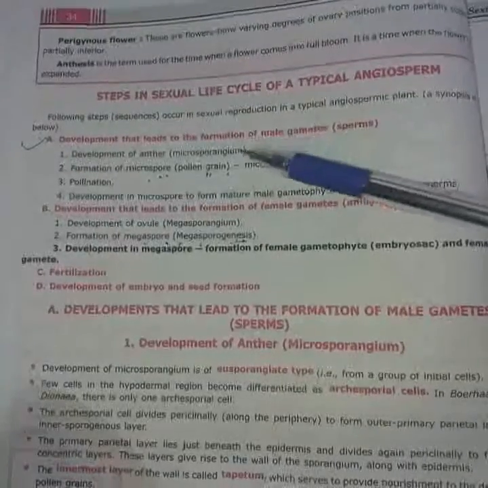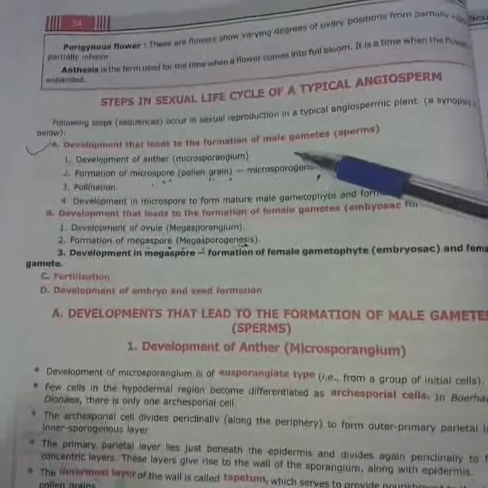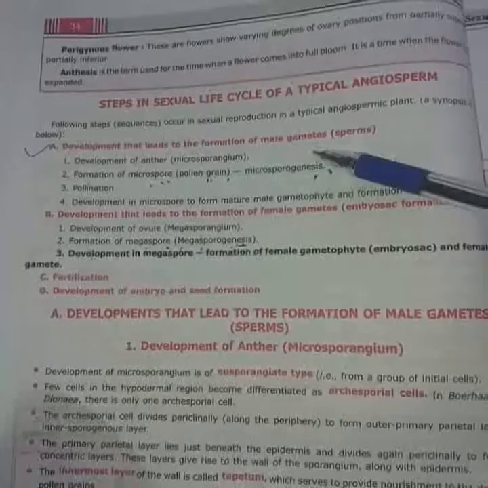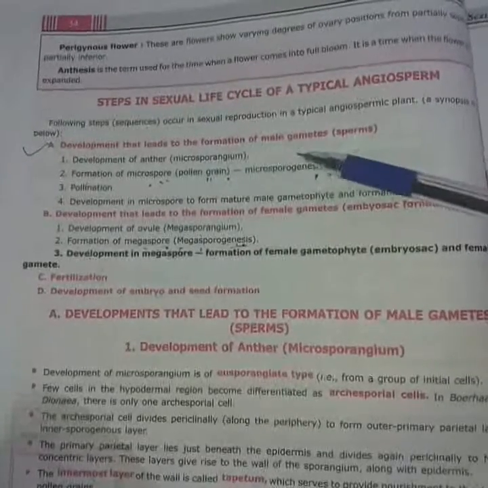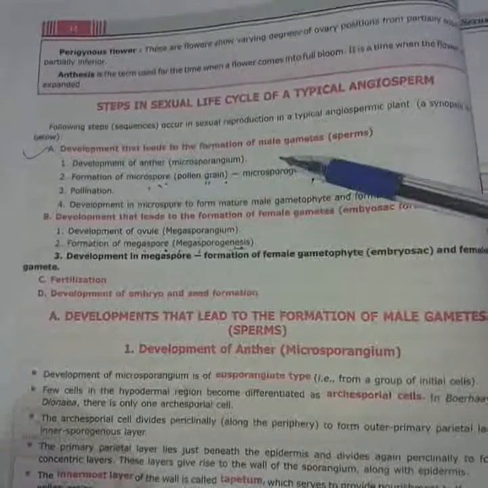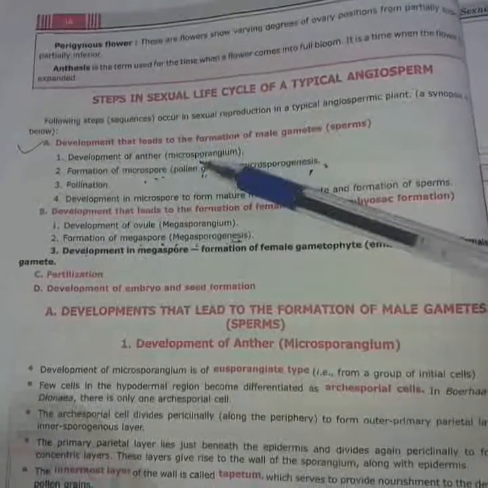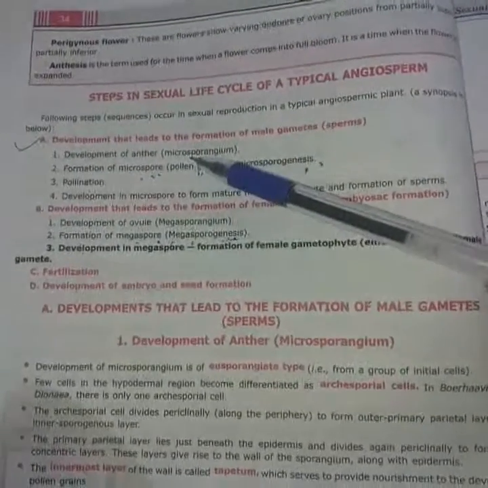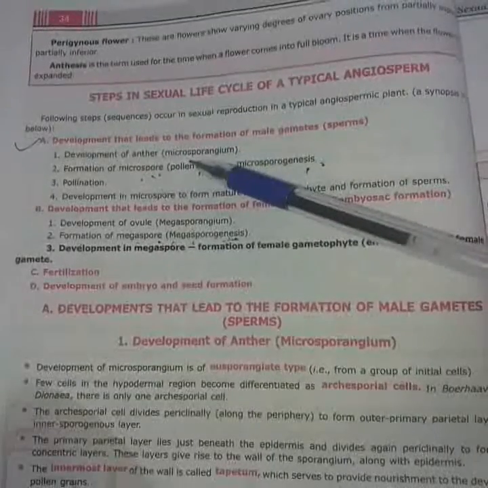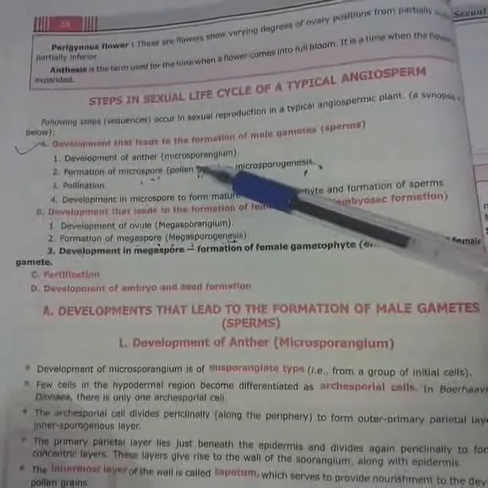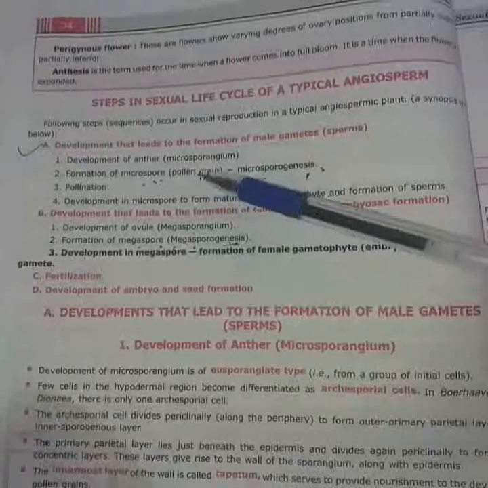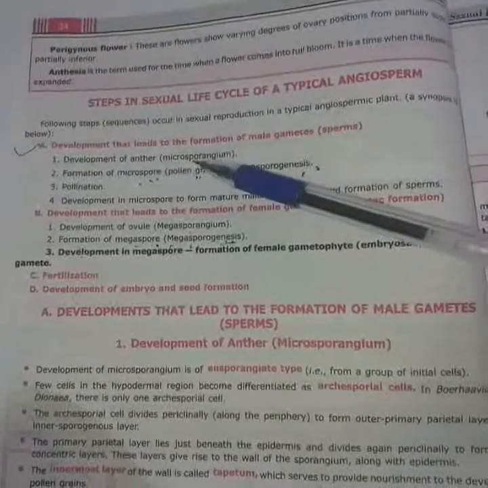First, I explain the first step, male gamete development. In the development of male gametes or sperm, first is the development of the anther or microsporangium. Anthers are microsporangia.